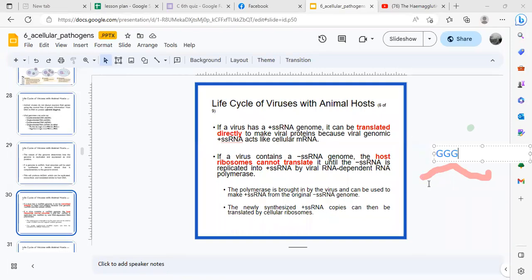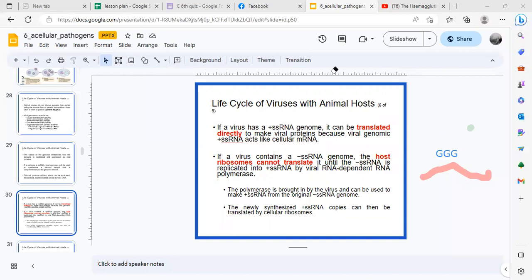So dun sa kabilang strand, sorry, ibahin ko yung drawing. So, ito yung single-stranded na positive, negative sense. So, hindi siya pwede kabitan ng ribosomes.